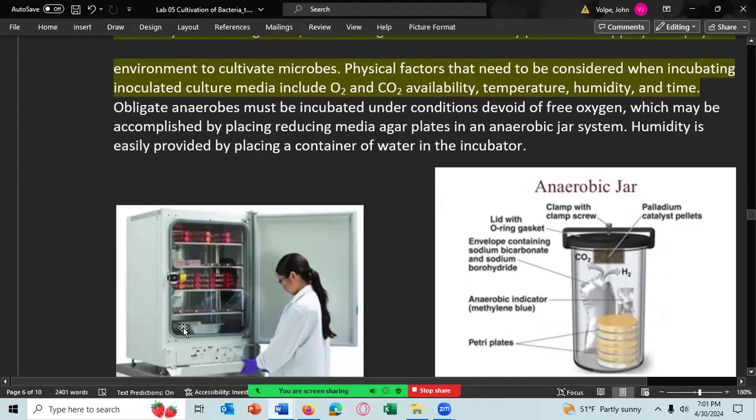And then we have a trough in here to put water that will provide humidity for the cultures growing in the incubator. That's important because if there's not humidity in the incubator, the dry culture will dry out much sooner than in an incubator that is humid.